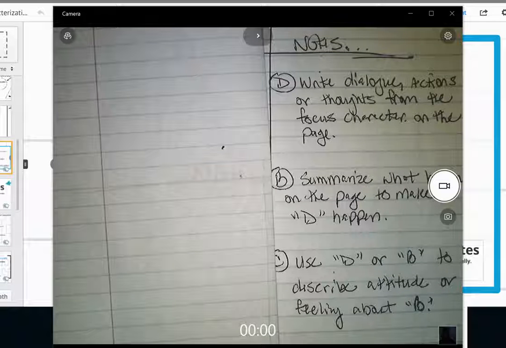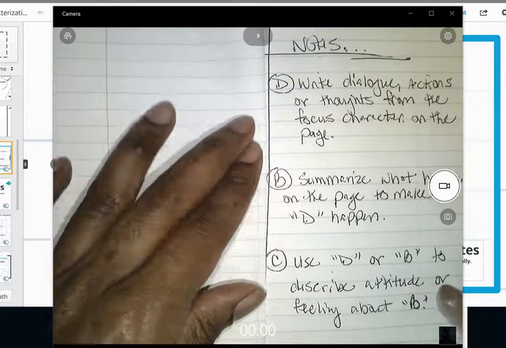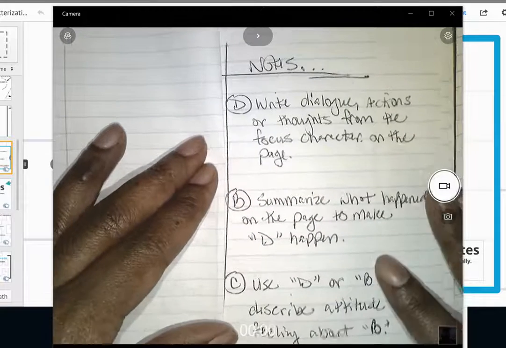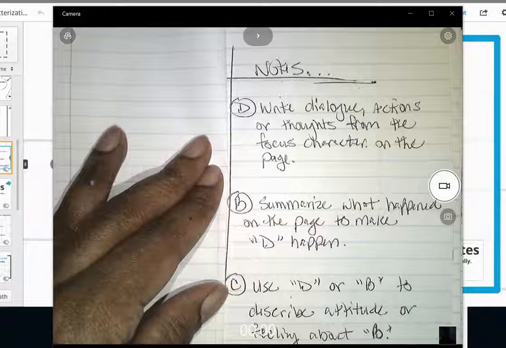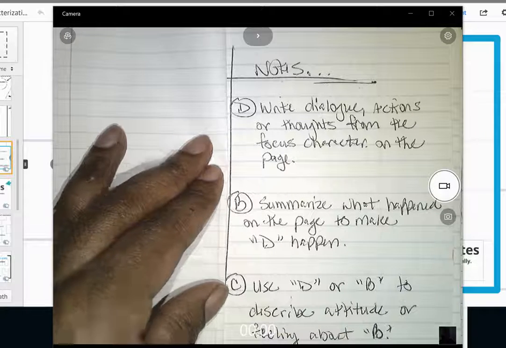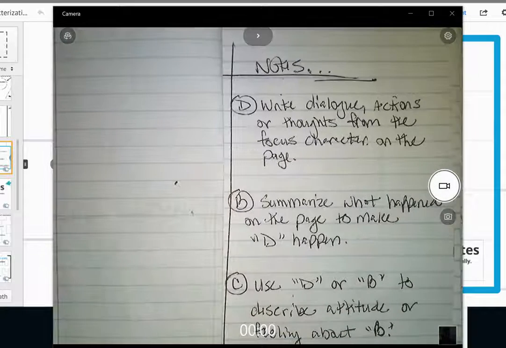We're never going to go in order. When you're thinking about characters and trying to figure out a value, what they find to be important in their life, the first thing you want to do is think about their dialogue, actions, or thoughts on a particular page. We're going to do page 23, and I'm going to quickly go to that page for you.